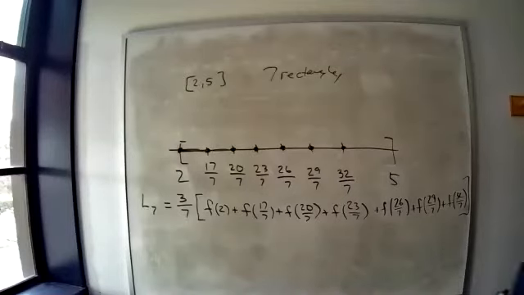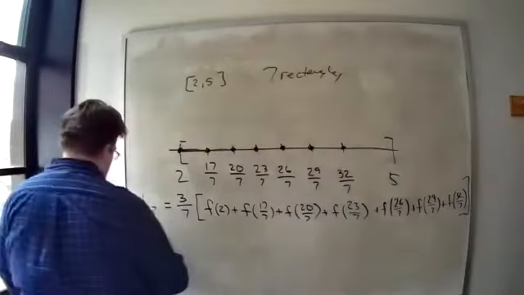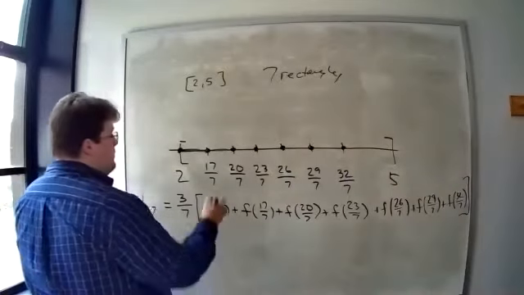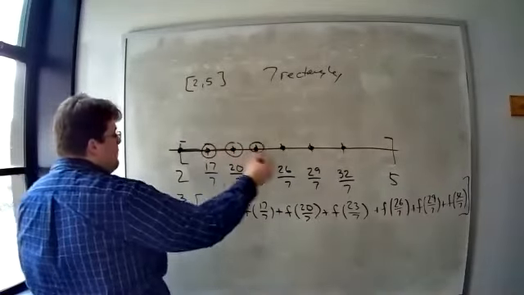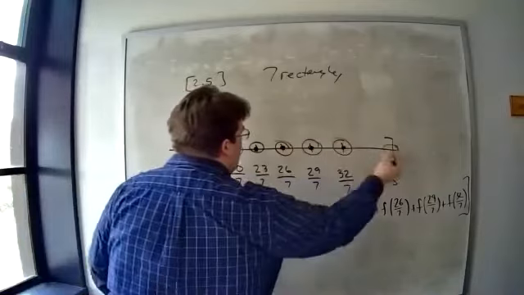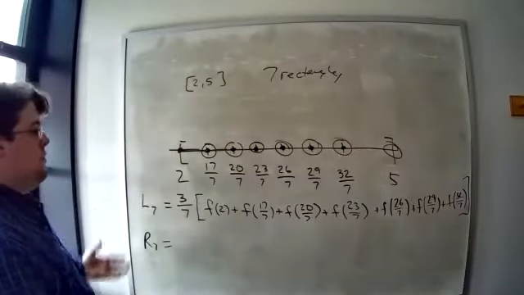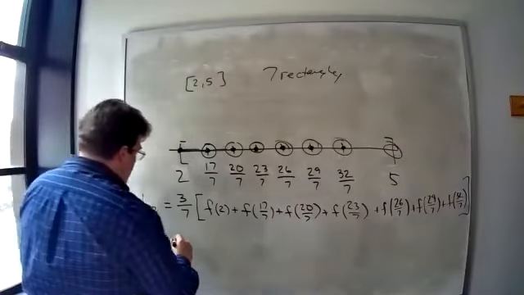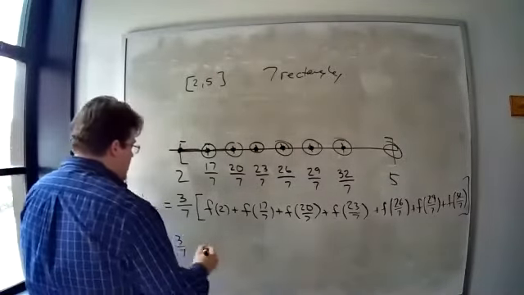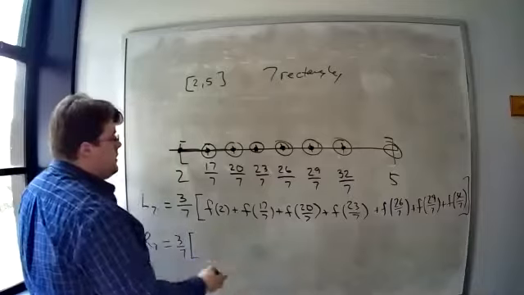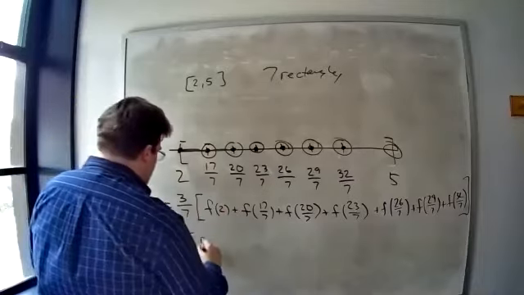Okay, this one also wants the right-hand approximation. So for that, same thing, except we use the right endpoints. Notice there we are including the function at 5. We're not including the function at 2 for the right-hand approximation. The one side is again 3/7 in each case, and the heights are determined by the right endpoints.